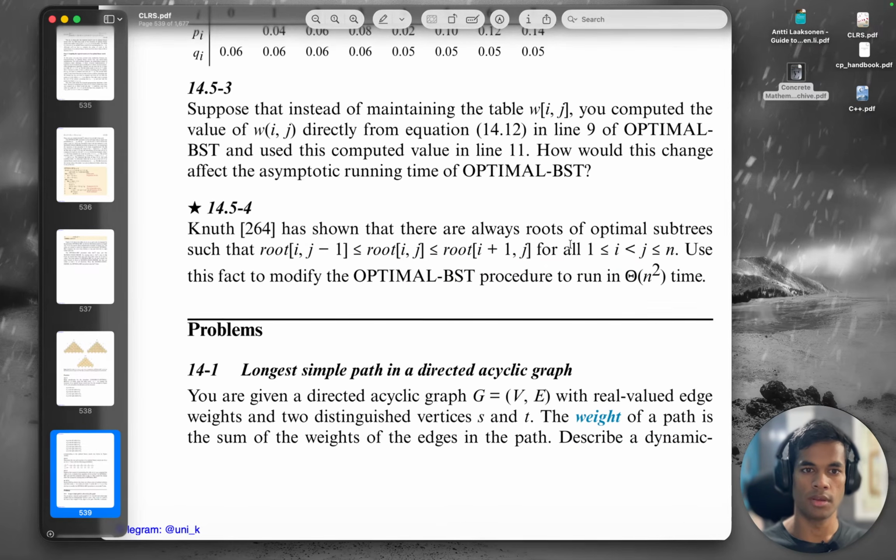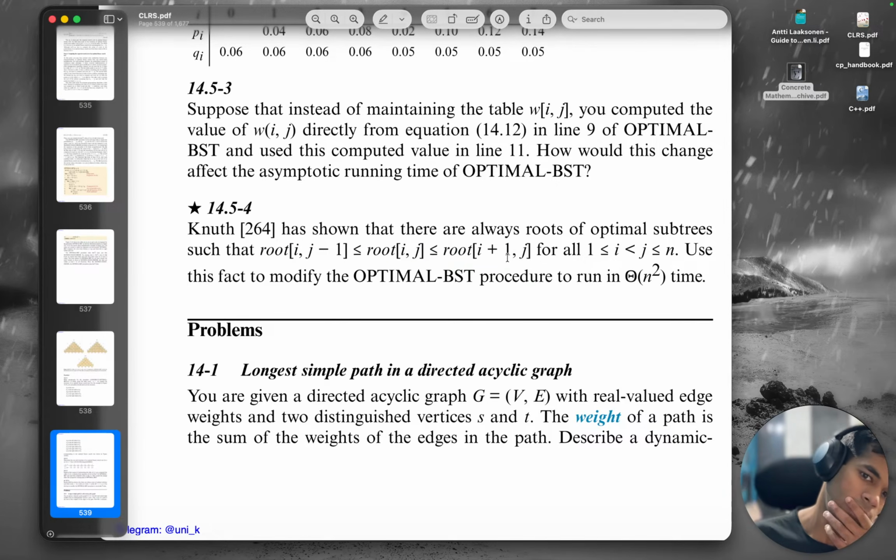What is this? Has shown that there are always roots of optimal subtrees for all i and j in this range.